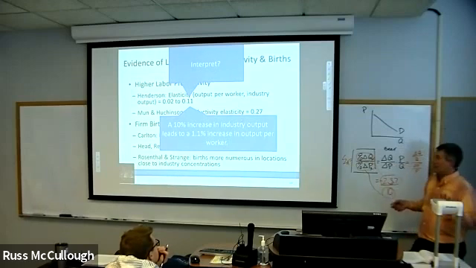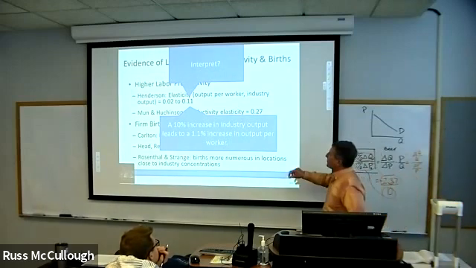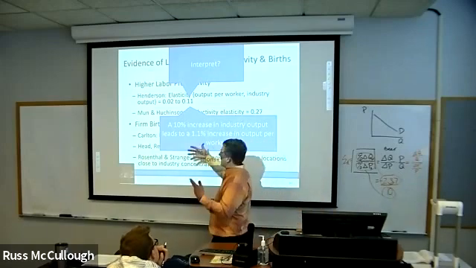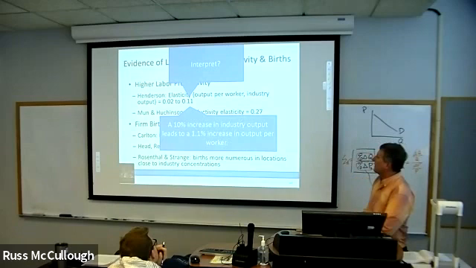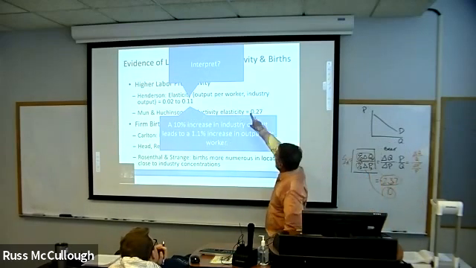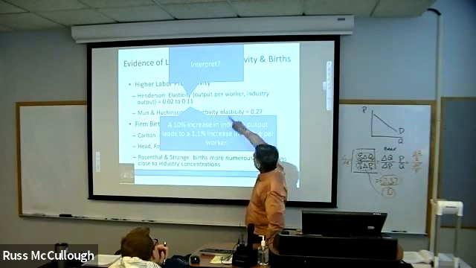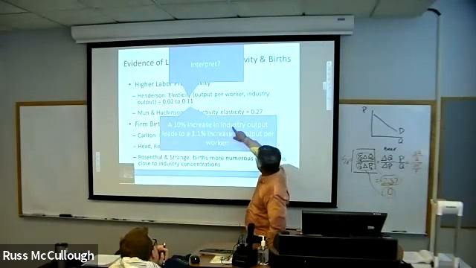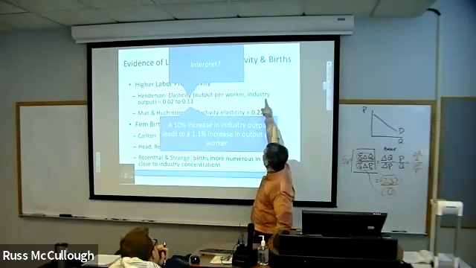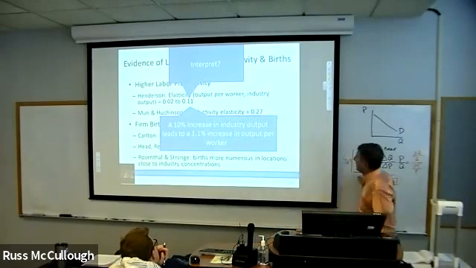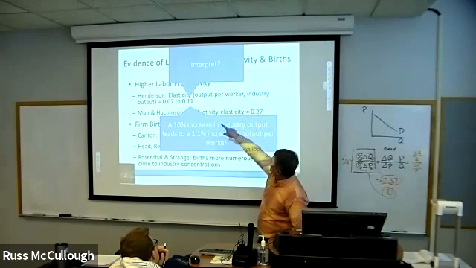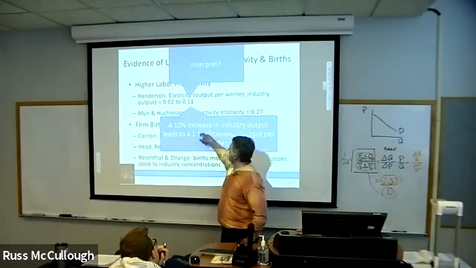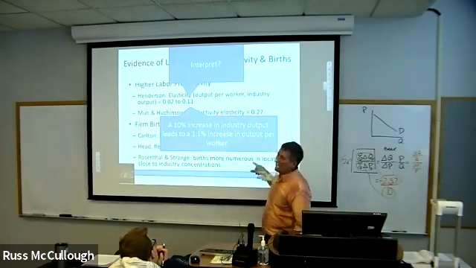So you can interpret it either way. Sometimes it might be easier to think about increments of 10%, or other times maybe 1% makes it easier. So where we've got output per worker and industry output, a 10% increase in industry output leads to a 1.1% increase in output per worker.